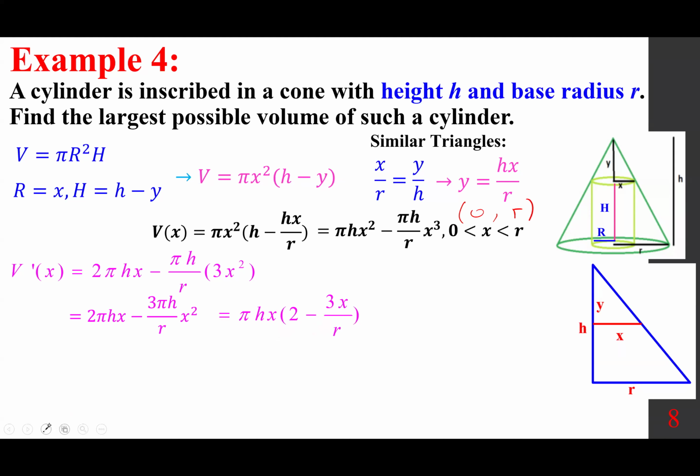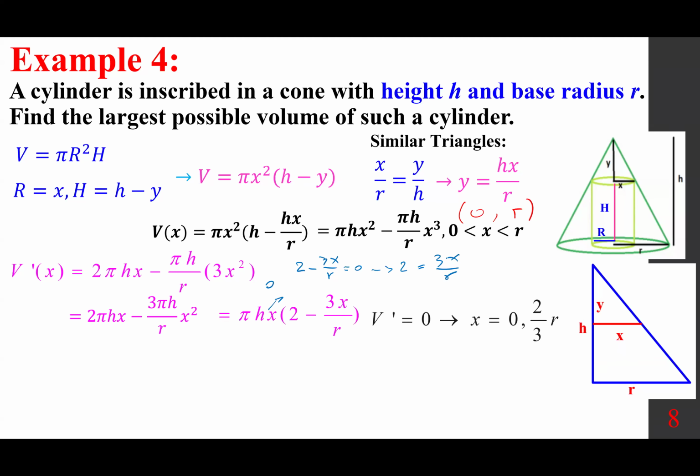So let me just quickly show you. Either this one is 0 or 2 minus 3x over r is 0. Which means 2 is 3x over r, or x is 2/3 r.